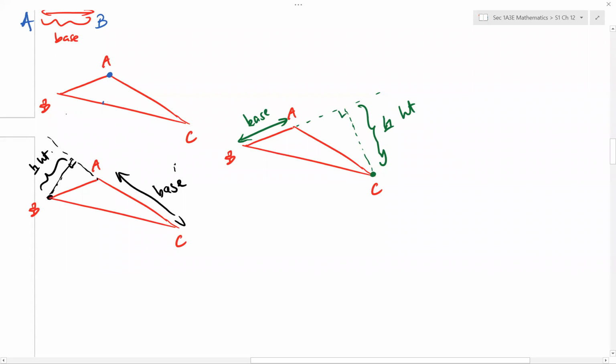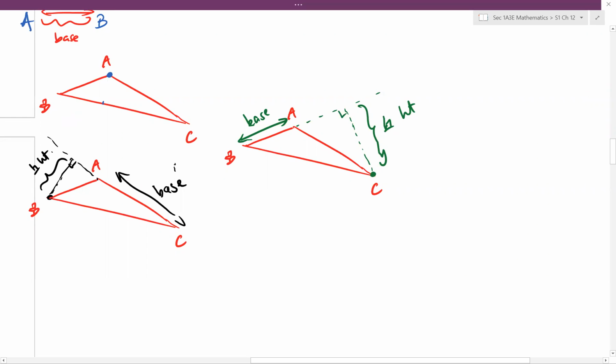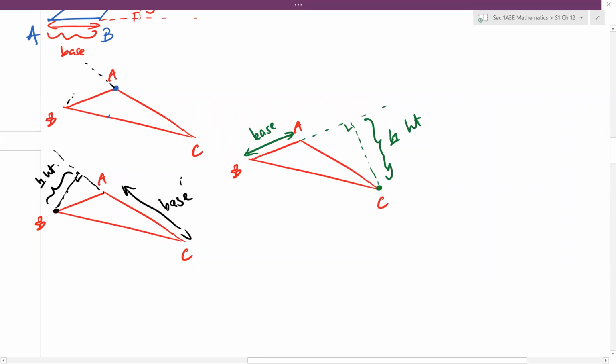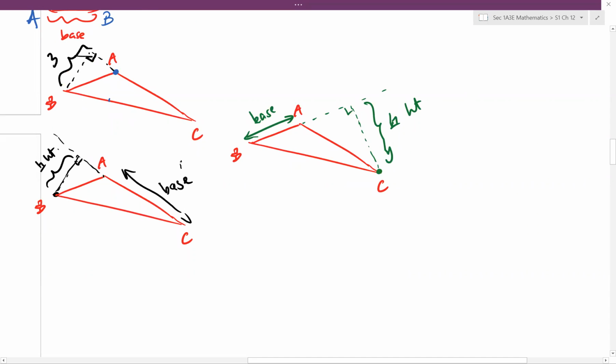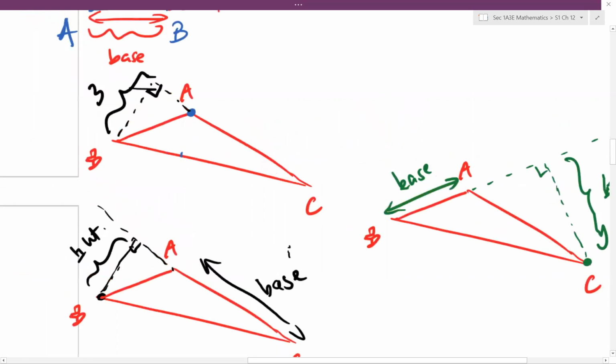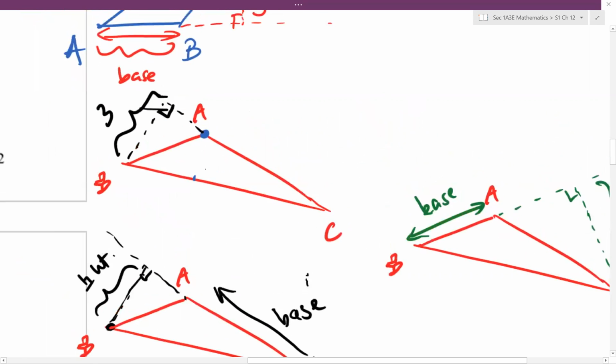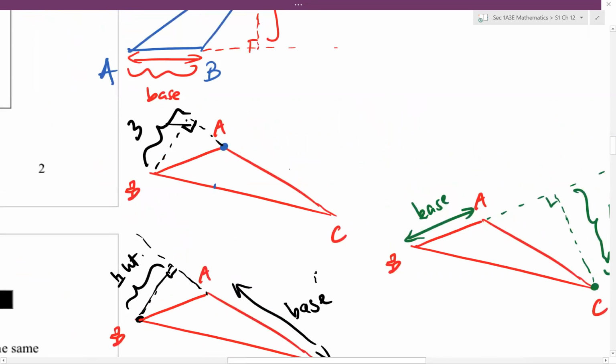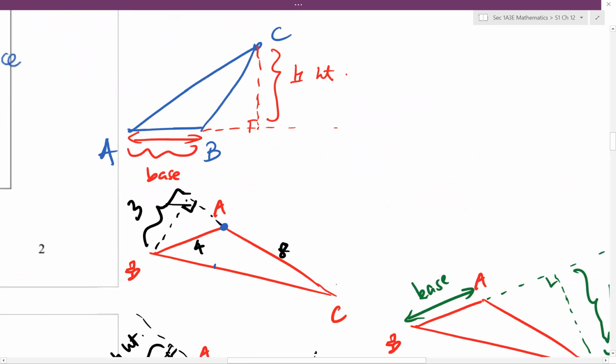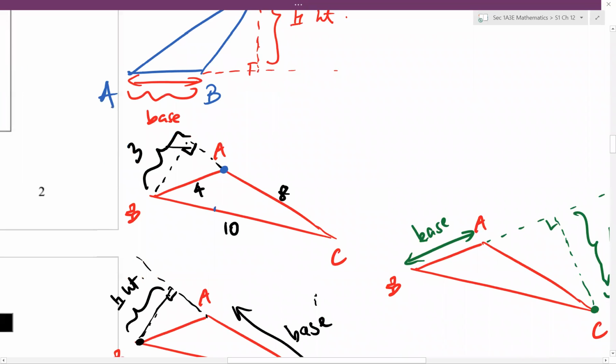For example, I'm going to give you this distance, let's say 3. And then I give you all the other lengths of the triangle. Maybe this will be 4 cm, 8 cm, and 10 cm. Then you will have to decide, if that 3 is given, what then should I be using as the base? You will have to decide for yourself.